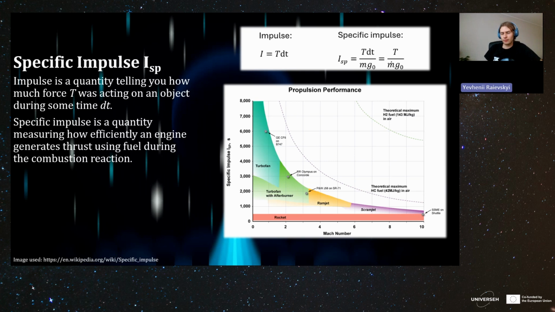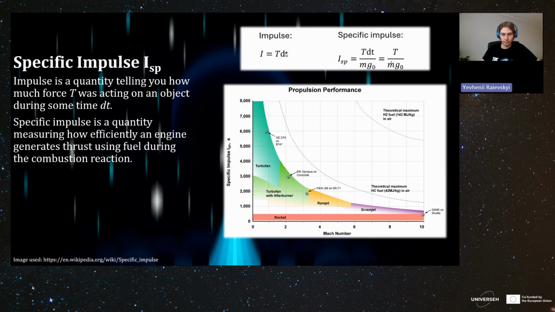Generally, impulse without the word "specific" is just the change in momentum, delta P, or in other words, the force acting on an object during some time dt. This is the equation: T is the thrust, because we analyze the specific force, thrust, so it's T, not F as the general letter for force, times dt.